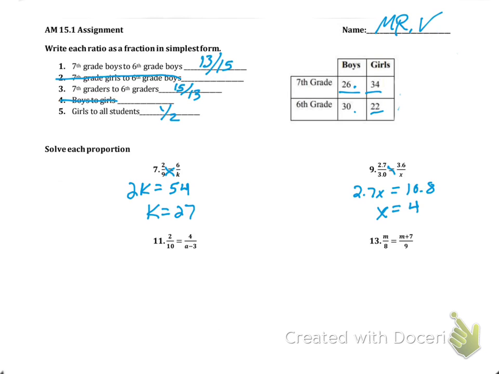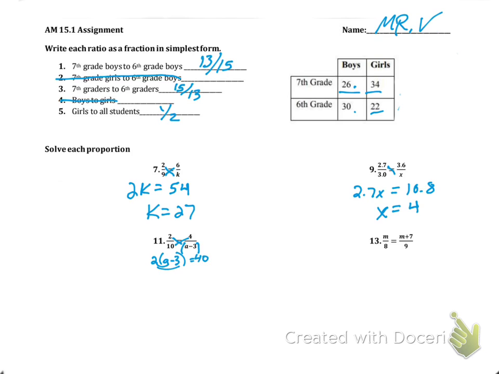All right, here we're going to need to distribute, because we have to multiply 2 by the whole thing. So it's going to be 2 times a minus 3 is equal to 10 times 4, which is 40.